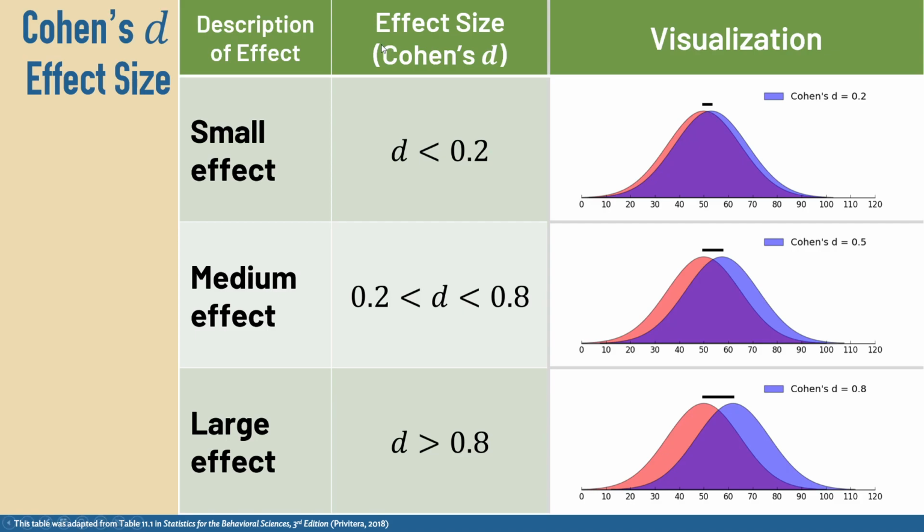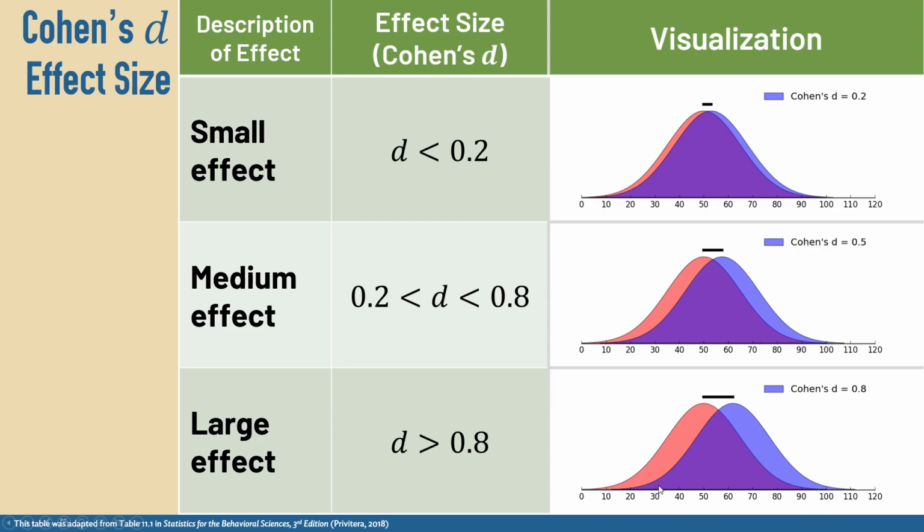But to have some sort of vocabulary to talk about this, generally some people say that a D less than 0.2 is a small effect, as you can see here. 0.2 to 0.8, we call that a medium effect, right? So here's an example of 0.5. And then D greater than 0.8, we call generally a large effect.